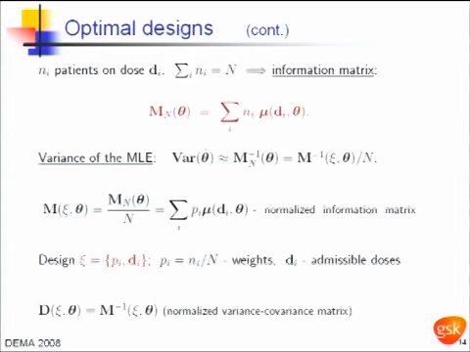Optimal design. I'll just quickly flip these slides because we assume this paradigm of continuous or approximate designs. First, we have to introduce the information matrix. When we have n_i patients on a particular dose, we introduce the information matrix of the experiment. Then we say some nice words about the variance of the maximum likelihood estimator. We introduce the normalized information matrix and the normalized variance-covariance matrix.